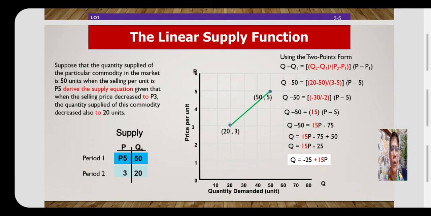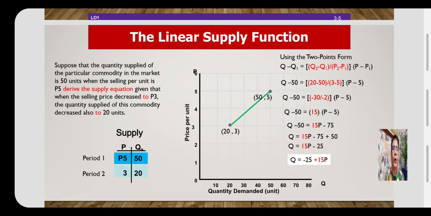If we connect these 2 points, it can create a straight line. And the equation of the straight line is what we are going to determine. Since there are 2 points given, we can make use of the 2 points form and then transform it into a slope intercept form.